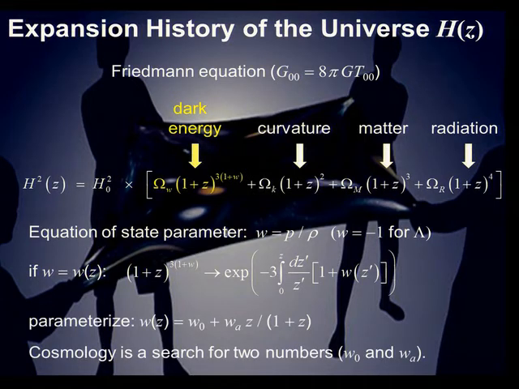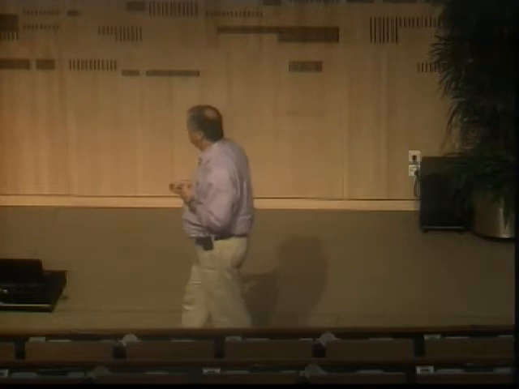So we can ask astronomers to measure W, the function W of z, but it's difficult, impossible, to measure a function. What people do is parameterize the function and determine the parameters. One simple parameterization is a constant, the value today, plus a function that goes to WA for large z, and at z equal to 0 disappears.